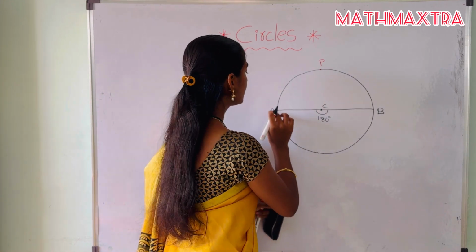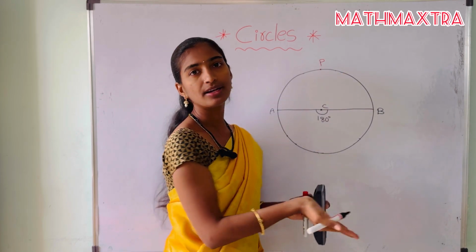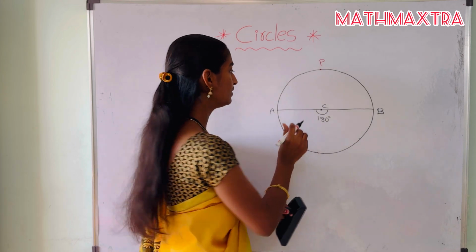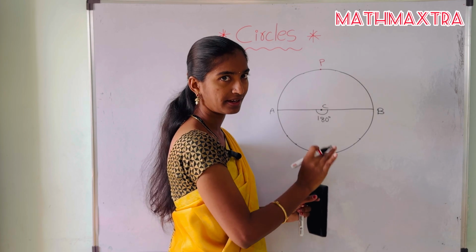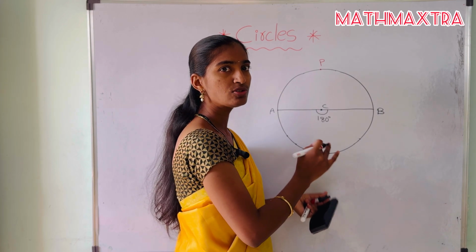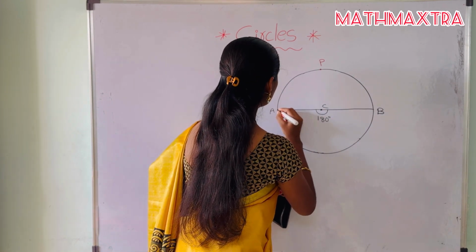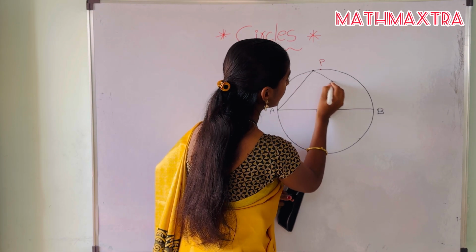Then the same semicircle makes an angle at any other part of the circle. Just relate it to the previous property: this semicircle is nothing but an arc, so it follows all the properties of an arc. This arc makes an angle here at any other part of the circle.